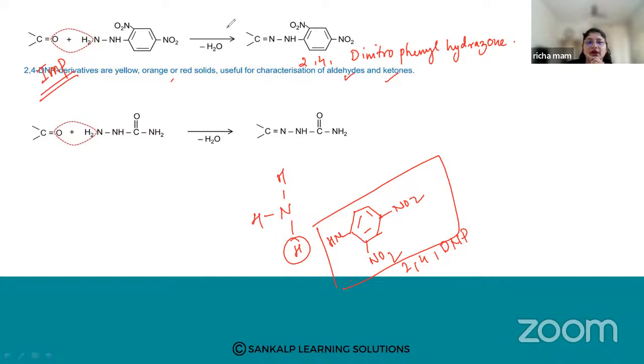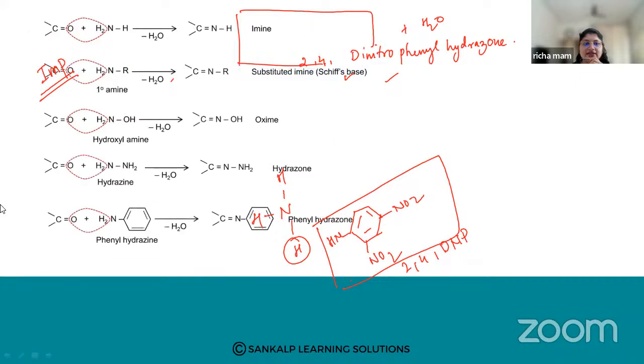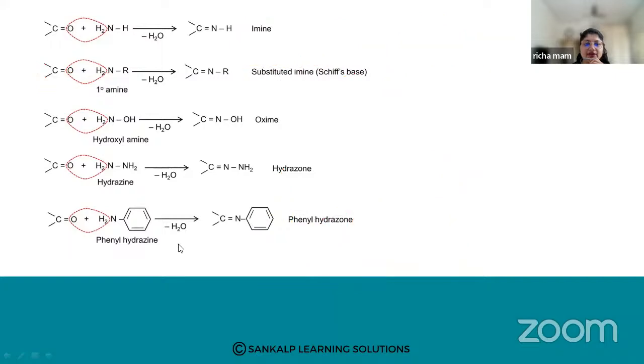They will ask you how the product is formed. When the carbonyl carbon reacts with 2,4-dinitrophenylhydrazine, what is the product formed? What is happening in each step? You can see that there is a loss of water molecule. From all the previous derivatives, you can see there is a loss of water molecule everywhere.